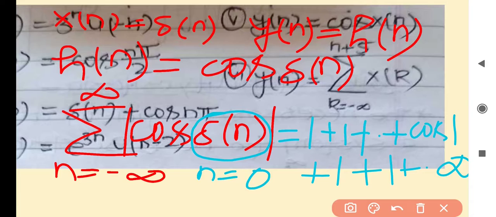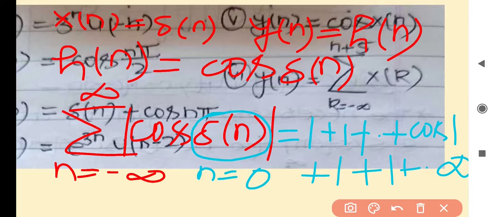So when we sum up the impulse response of the given system from minus infinite to plus infinite, it will not give a finite value. That means this system is also an example of an unstable system.